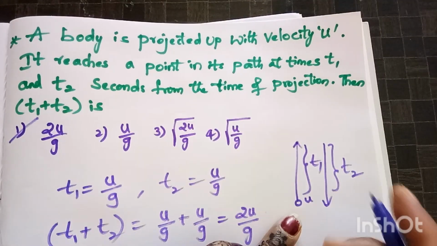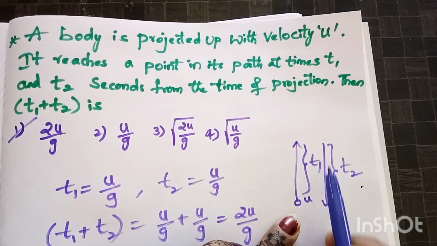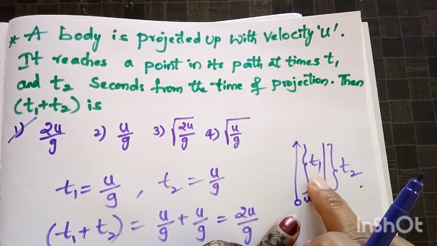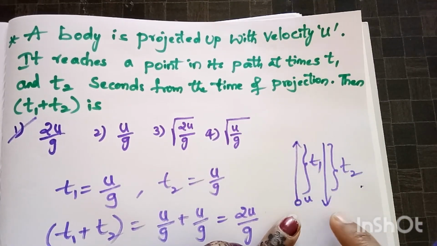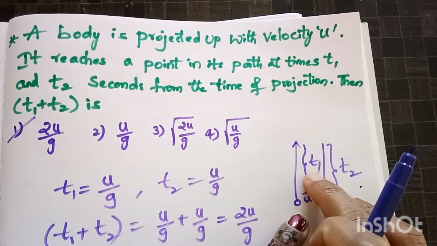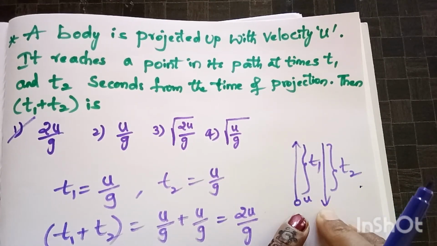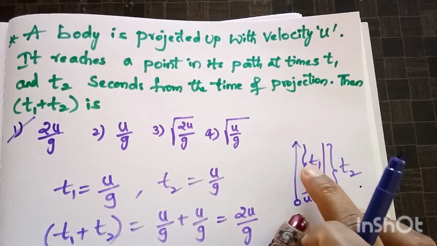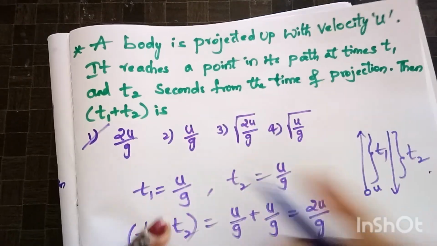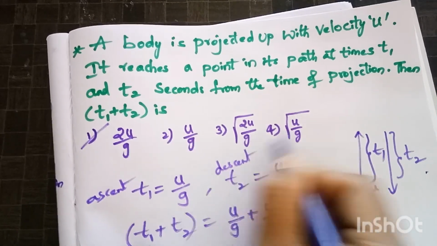They have given the times from the time of projection. One reaches the maximum height with time t1, and the other reaches the point of projection, that is the ground, in the downward direction with time t2.